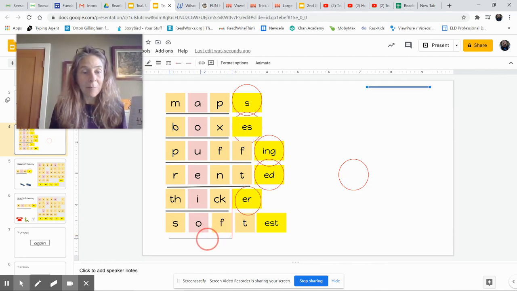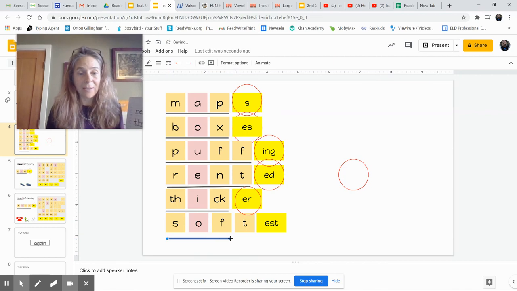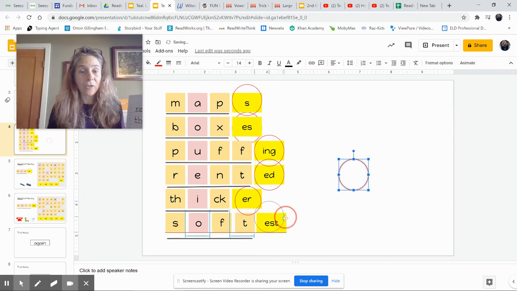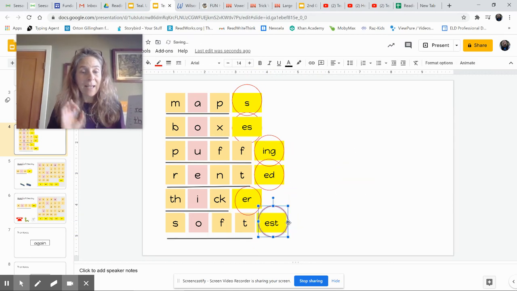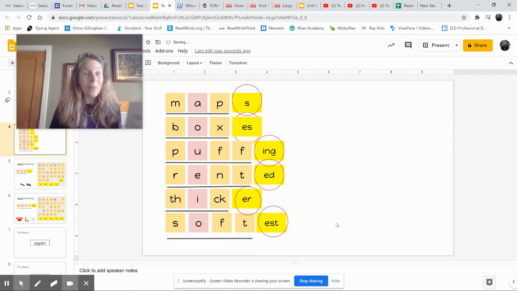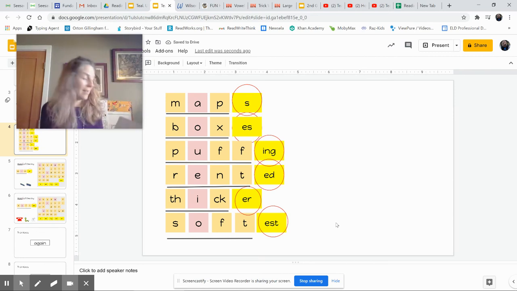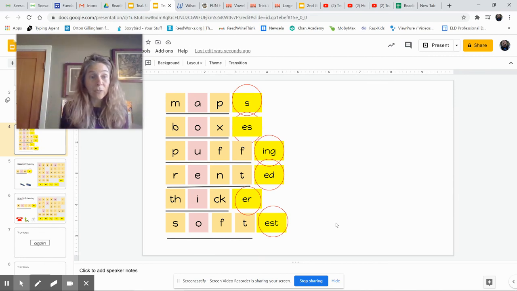So let me take my underline and underline my base word, which is soft, and then I'm going to circle my suffix est. And now let's write it. Okay, tap out that base word first. Soft, soft, and write softest.